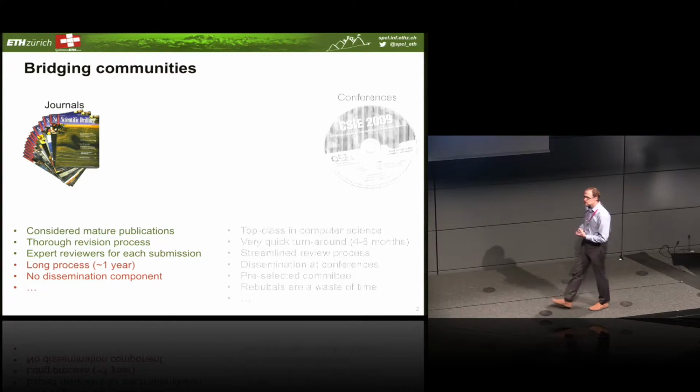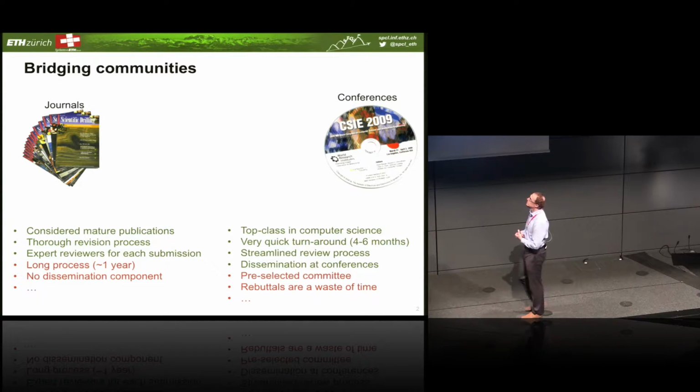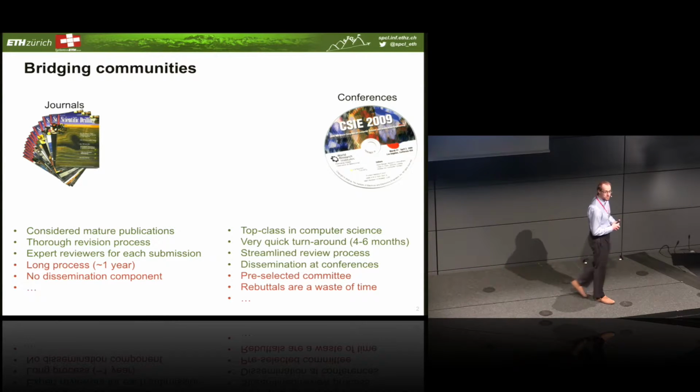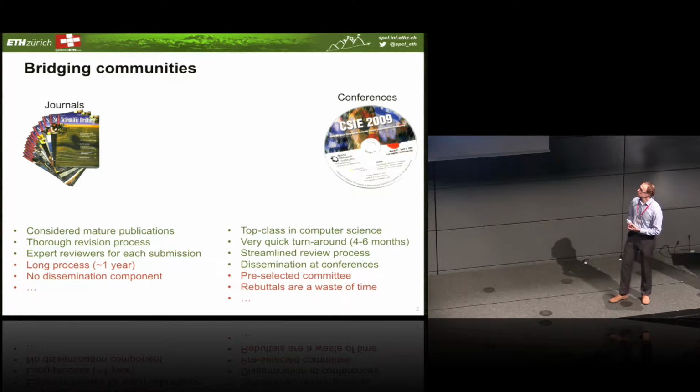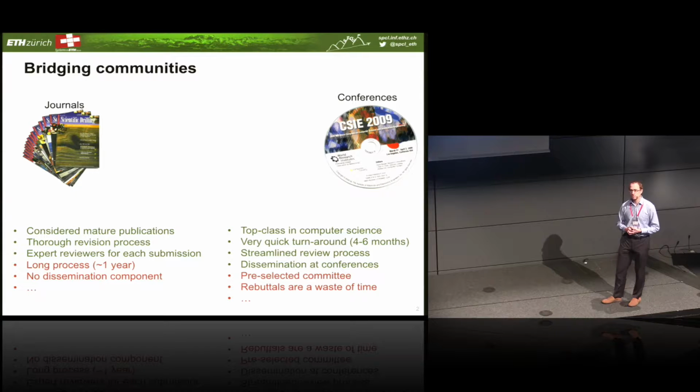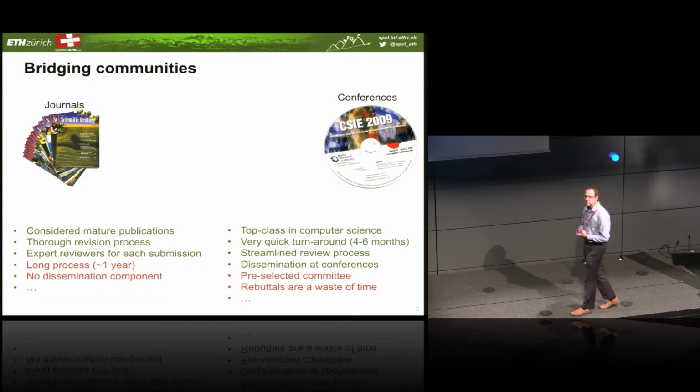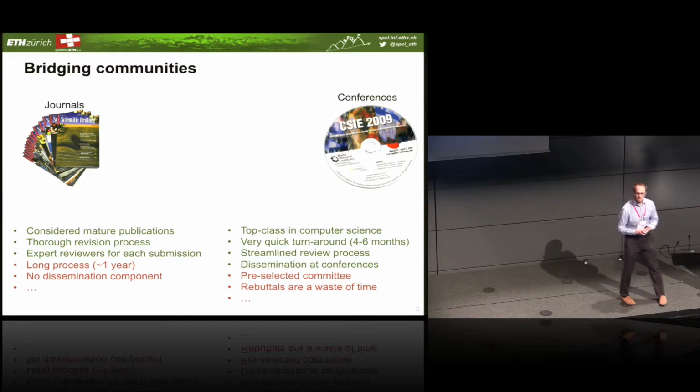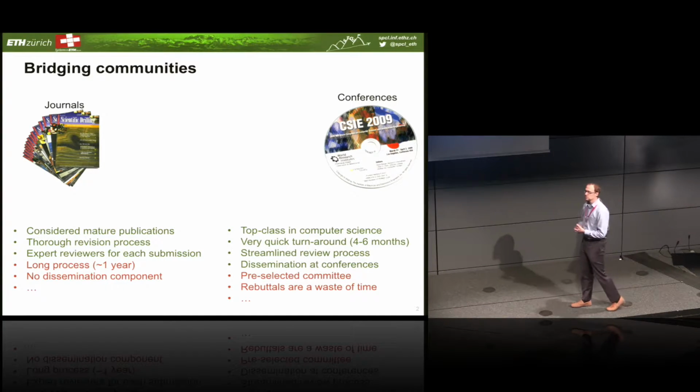For example, in computer science, it's kind of the opposite here. In computer science, due to the pressure and also the youth of the field in general, we are mostly publishing in top-class conferences, which are often valued higher than top-class journals in the field. The reason for this is because computer science is a rapidly developing field, and the turnaround in conferences is usually much faster, so usually half turnaround time than journals.